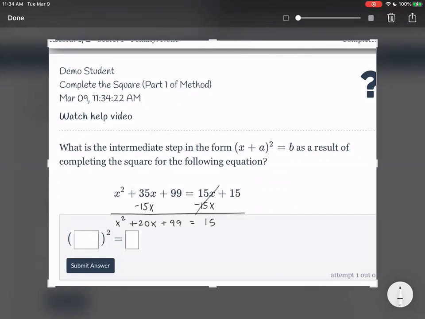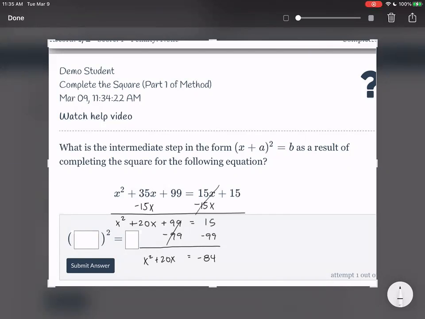So now the x terms are all on the left. That's good, but I need to move the 99. So I'm going to move the 99 by subtracting 99. So then we have x squared plus 20x equals 15 minus 99. That's a negative 84.